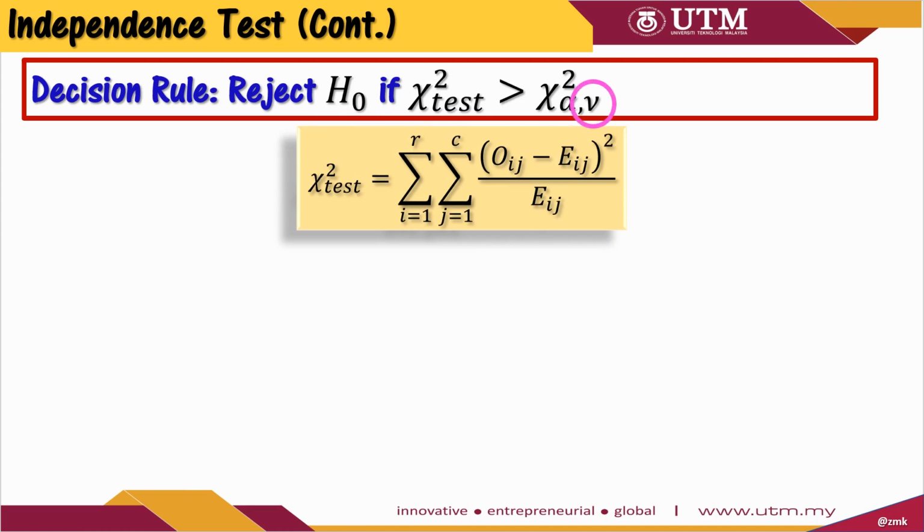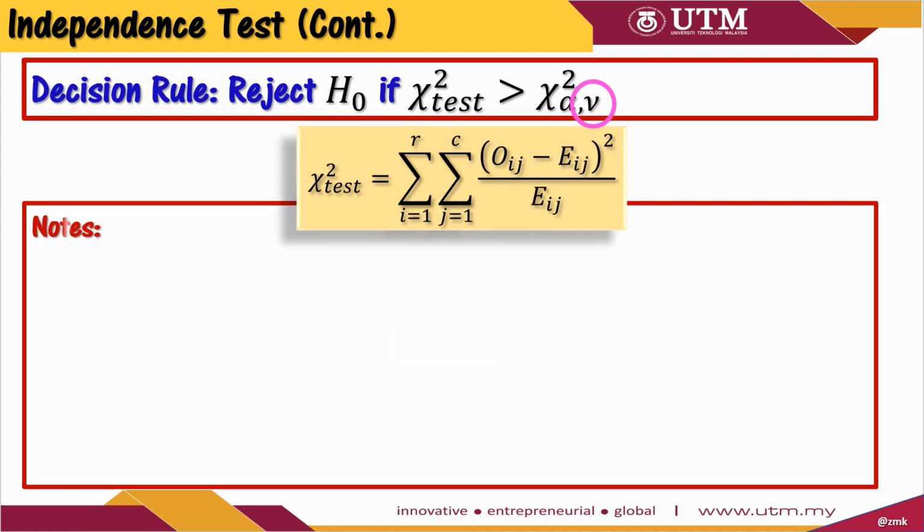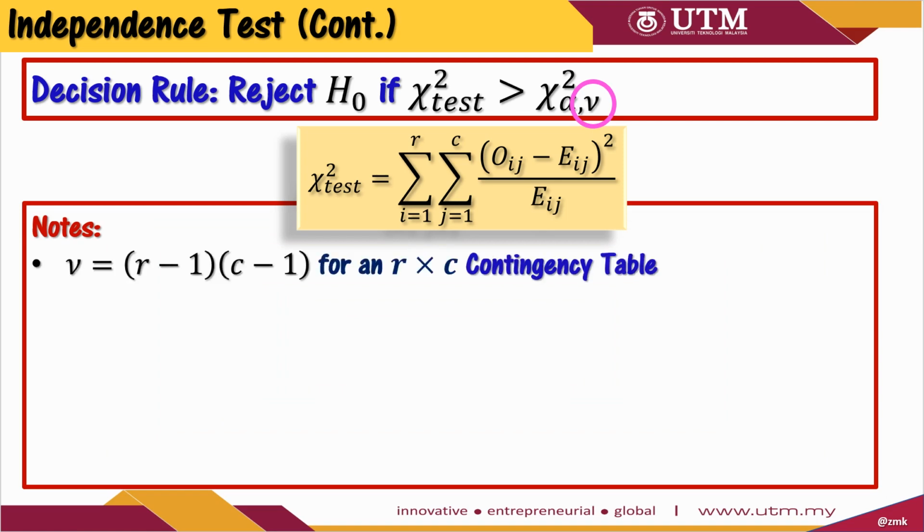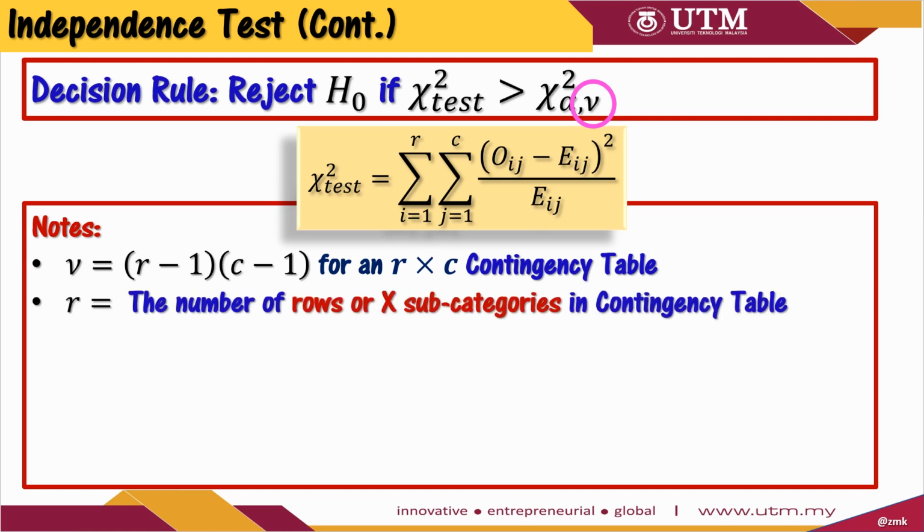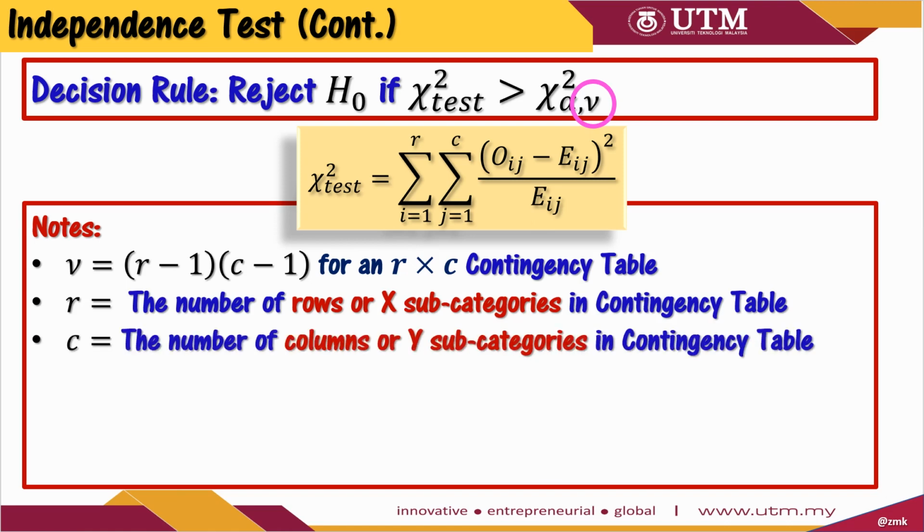Now, what is the degrees of freedom nu? Let's look at the list of important notes here. The degrees of freedom nu is defined as the product of R-1 and C-1 for an R by C contingency table. As we know, R is the number of rows or X subcategories, whereas C is the number of columns or Y subcategories.